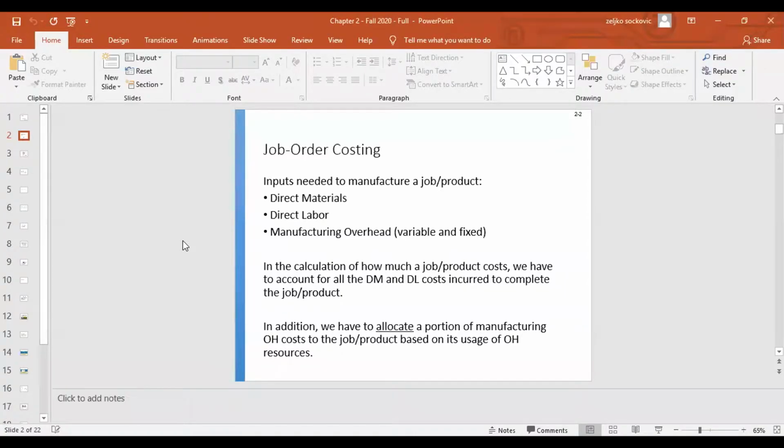Now, manufacturing overhead is indirect, right? We cannot trace it easily to the job, so we cannot say to the product.